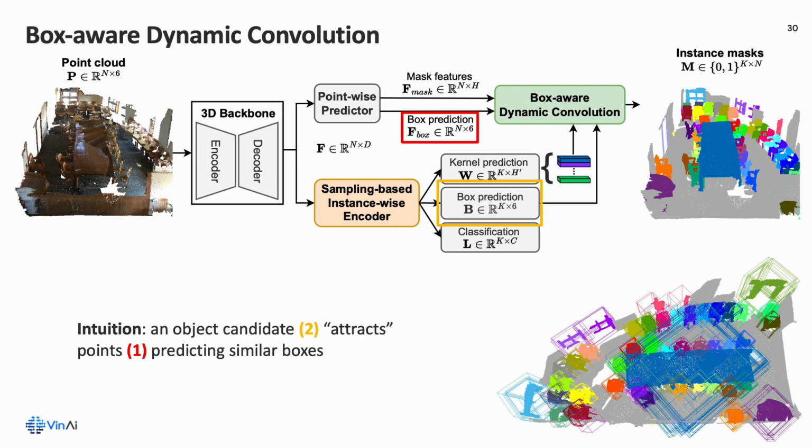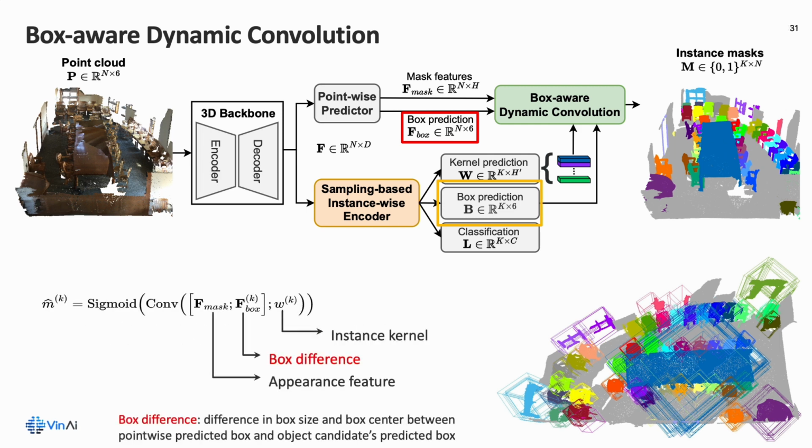In practice, we calculate the box difference, which encompasses variations in box size and center, between the pointwise box and the box associated with the object candidate. This difference is then concatenated with the appearance feature in the dynamic convolution. By incorporating this approach, we enable our model to effectively capture the spatial relationships between points and object candidates. This fusion of information facilitates the learning process and allows for more accurate mask predictions.